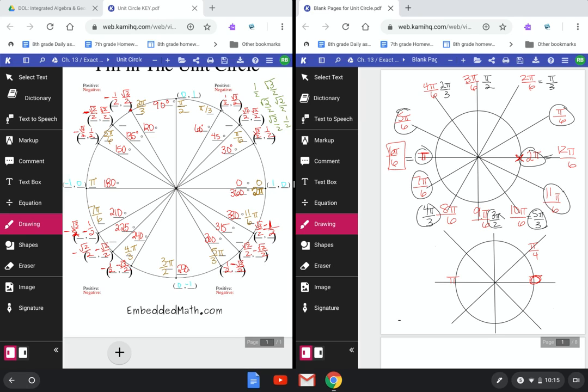And this would be 2 pi over 4, and this would be 3 pi over 4. 4 pi over 4, 5 pi over 4, 6 pi over 4, 7 pi over 4, and here we get 8 pi over 4. Let's simplify all of these. Pi over 4, or 1/4 pi, stays. This is pi over 2. This stays. This turns to pi.